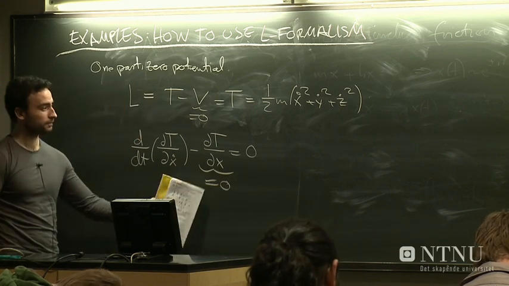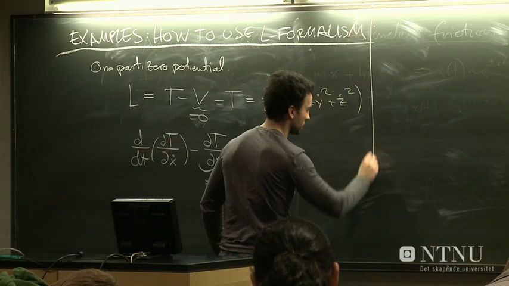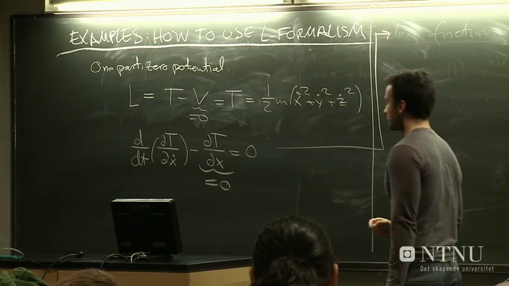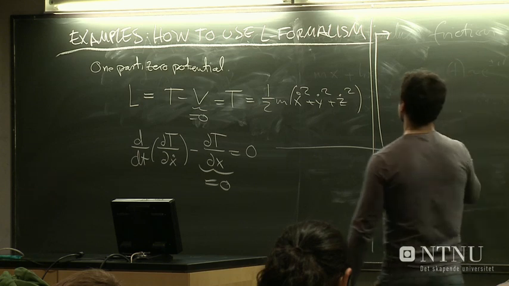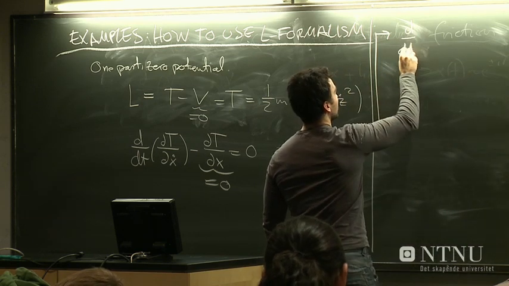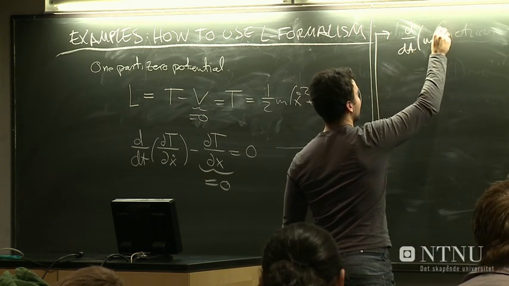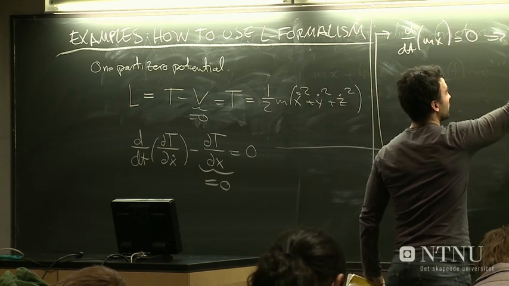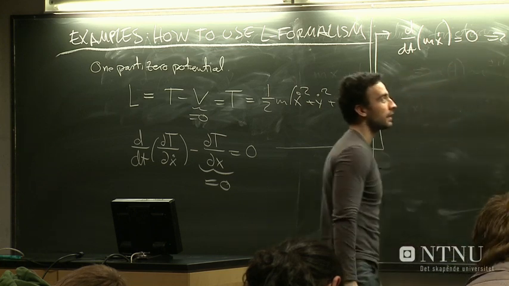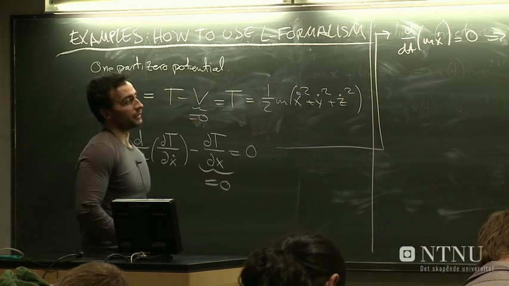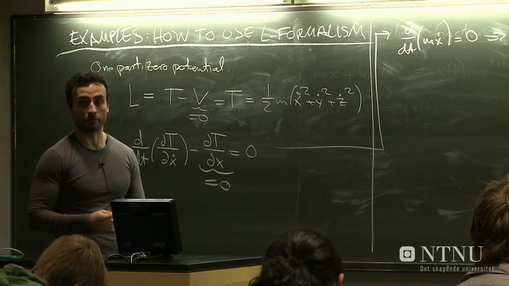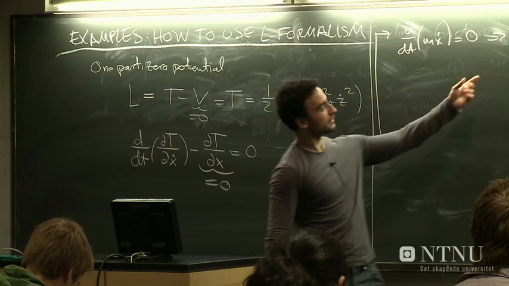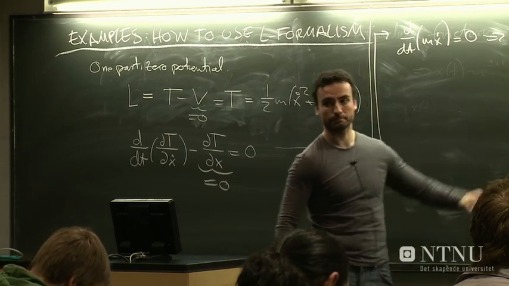So this term is 0. So what we get is Newton's second law for a particle moving without any force acting on it. Mass multiplied with acceleration is 0.